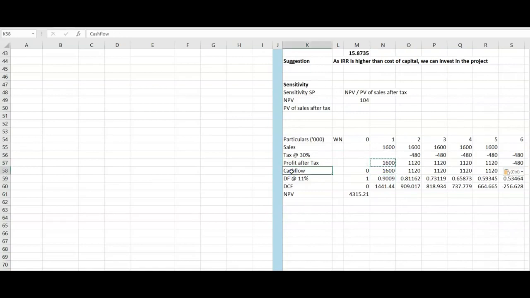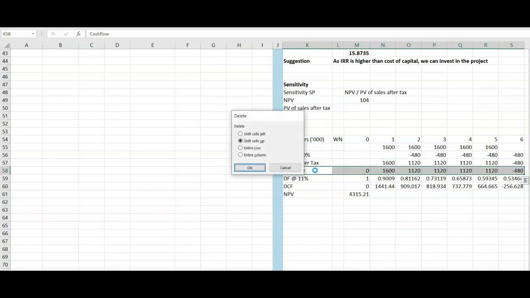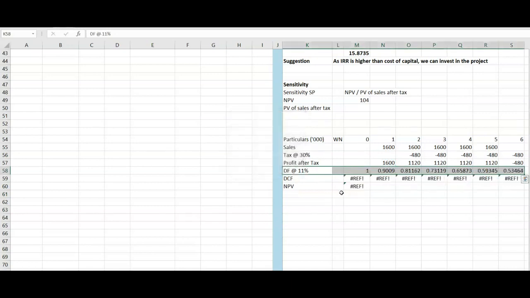Okay, so cash flow is done, discount factor is done, DCF is done. We got the NPV, so we don't need the cash flow number. We'll shift all these numbers once up.